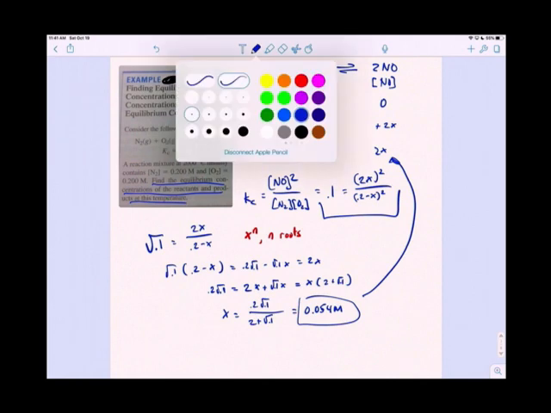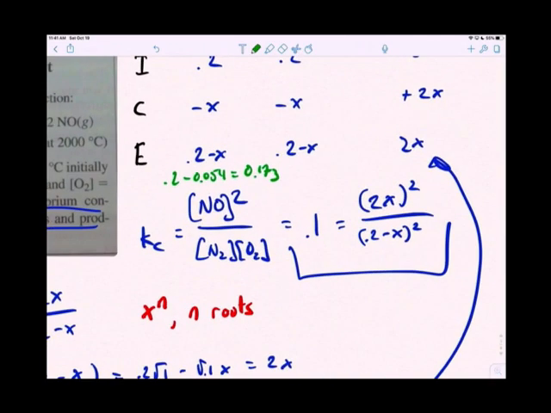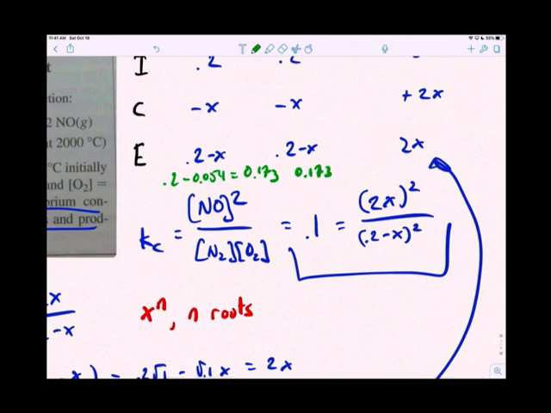I'm going to change colors to green. This is going to be 0.2 minus 0.054. That is going to equal 0.173. And the same thing with the oxygen, it's going to be 0.173. And then this is 0.054 times 2, so that's going to be, actually, no, that's 2x.